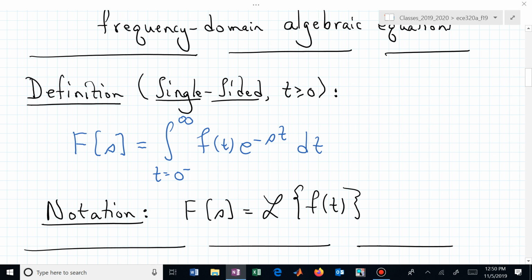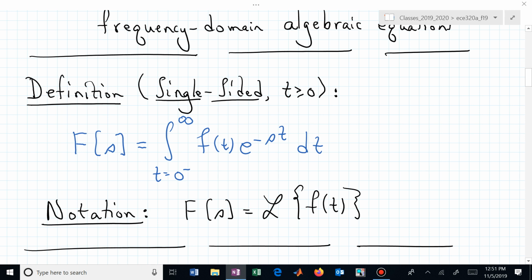What does this do? This really takes a time domain function, f of t, and weights it in the argument of the integral by a complex exponential. And when you think of a complex exponential, you might just start seeing sines and cosines.